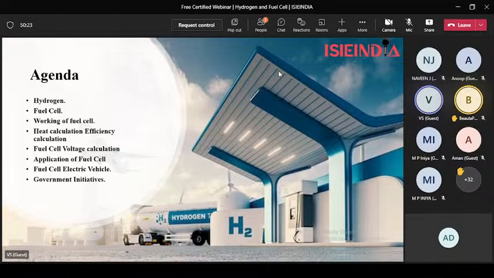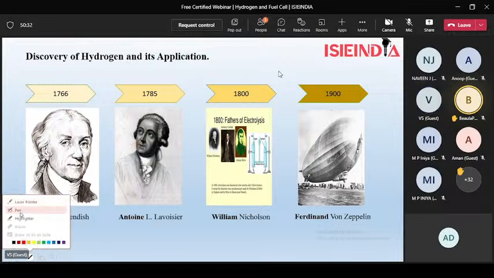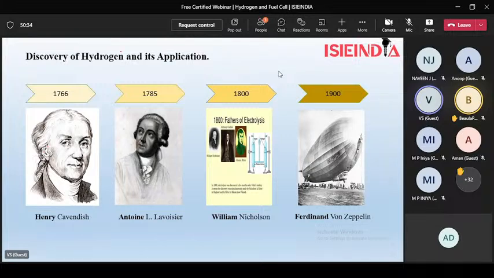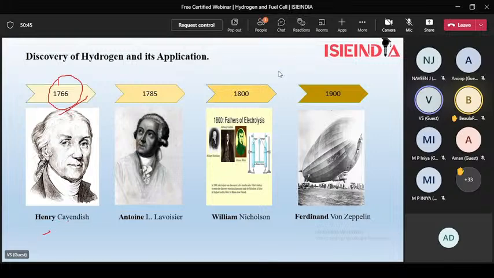So, coming to the next slide, which is the discovery of hydrogen and its application. In 1766, a British scientist named Henry identified hydrogen as a distinct element.